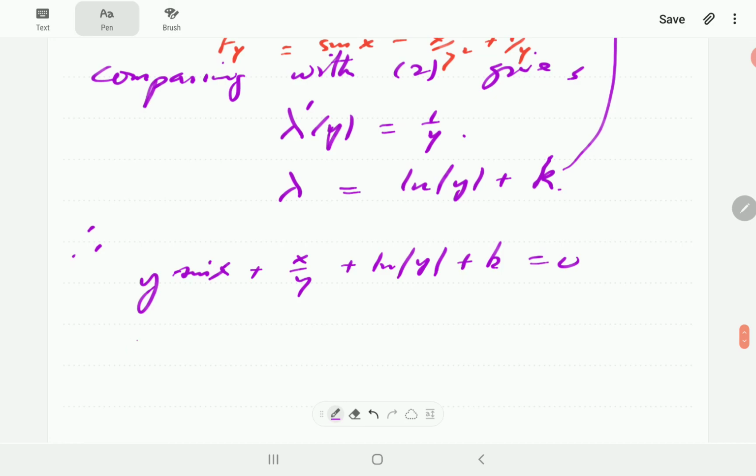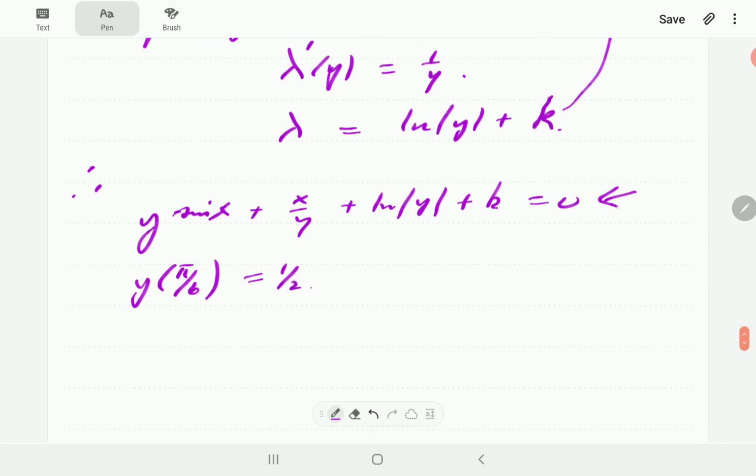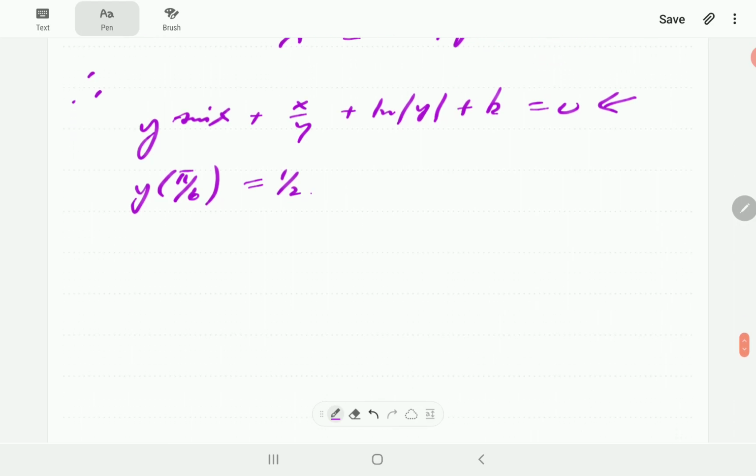Then remember, this time we have an initial condition: when x is pi over 6, y is half. So we're going to plug in x is pi over 6 there, and y is 1/2. So substituting that, it's going to give us y over half sine pi over 6 here.